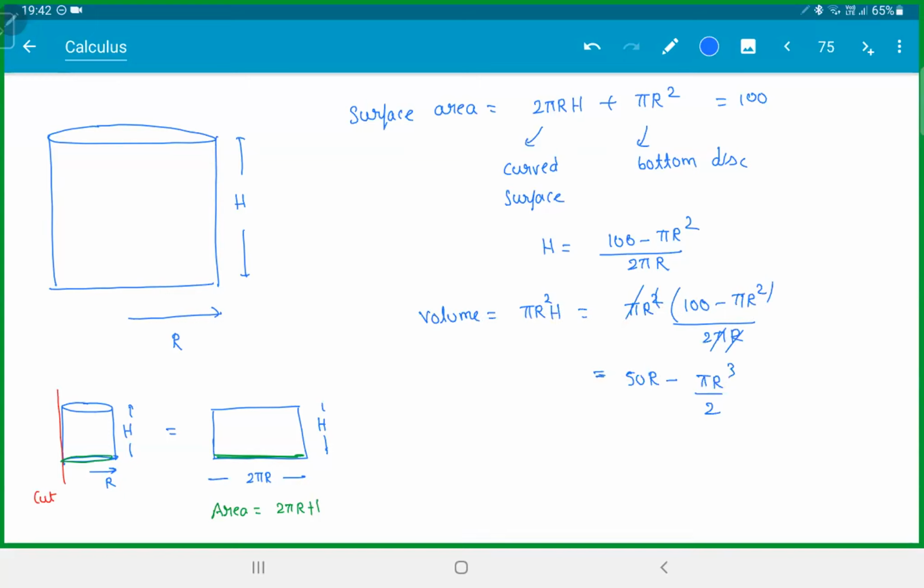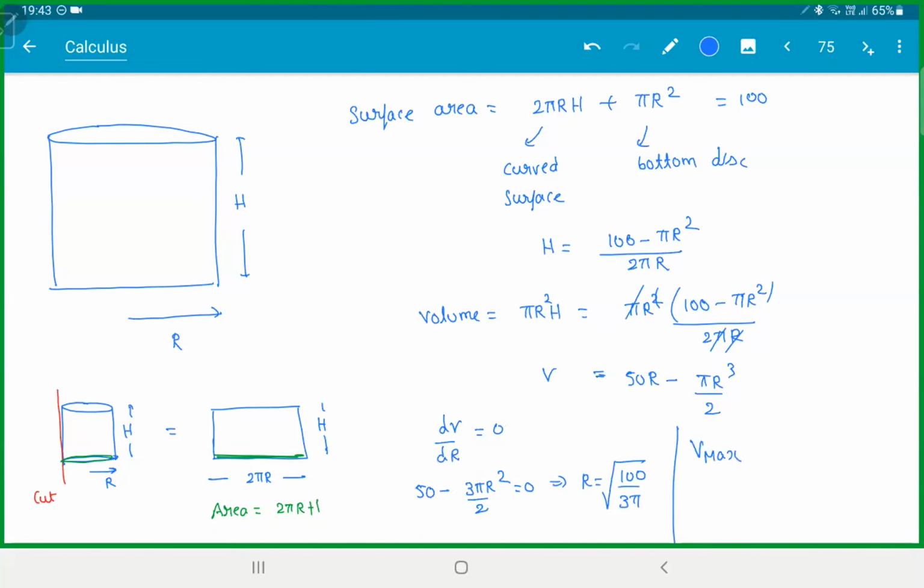That looks right. So this is the volume. So we have to do maxima minima. So dV by dr equal to 0. That would be 50 minus 3 pi r square by 2 is 0. This gives you r is equal to root over 100 by 3 pi. So if the radius is root over 100 by 3 pi, you get a maximum volume.